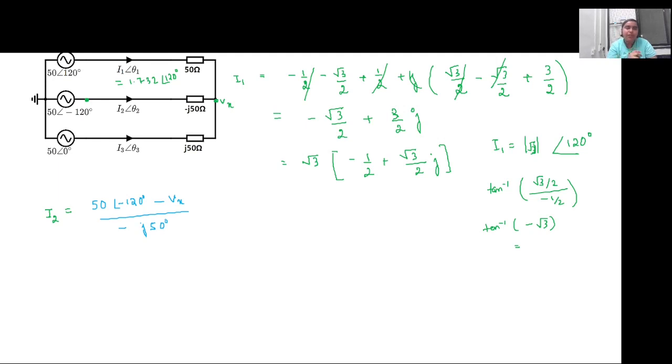I'll maybe give a minute or two, then I'll start solving. In place of Vx, you can already put the value.